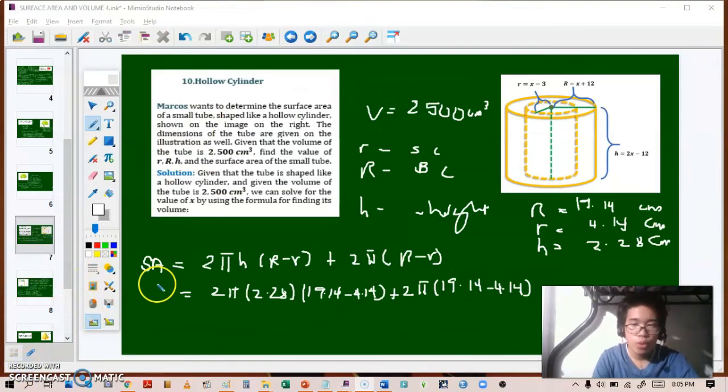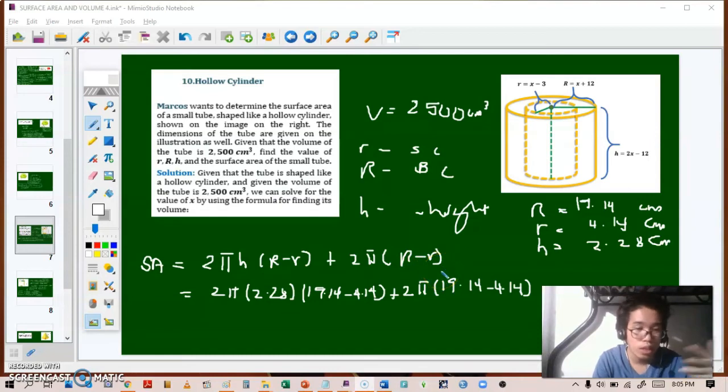So we have here the formula for finding the surface area of a hollow cylinder or any kind of tube. So for a three-dimensional figure, that's 2 pi h multiplied by the difference of the bigger circle's radius and the smaller circle's radius, plus 2 pi times the radius of the big circle minus the radius of the small circle.